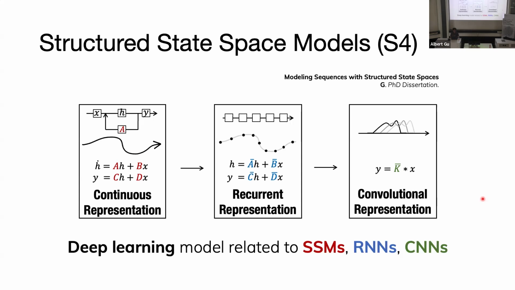We think of them as deep learning models in the same way that I previously defined, broadly related to these classical SSMs like the Kalman filter, but actually more closely related to other deep learning models such as RNNs and CNNs. And they have many properties, as I mentioned, that connect a lot of these models. So now I'll go through some of their properties and how they relate to all of these.